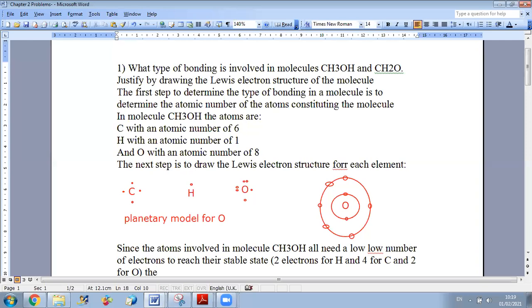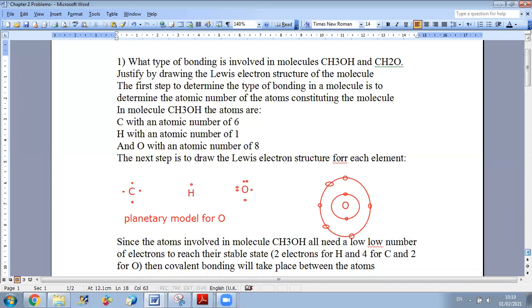Then covalent bonding will take place between the atoms. Okay, now if you want to try to draw the Lewis structure of the molecule, how will it be?